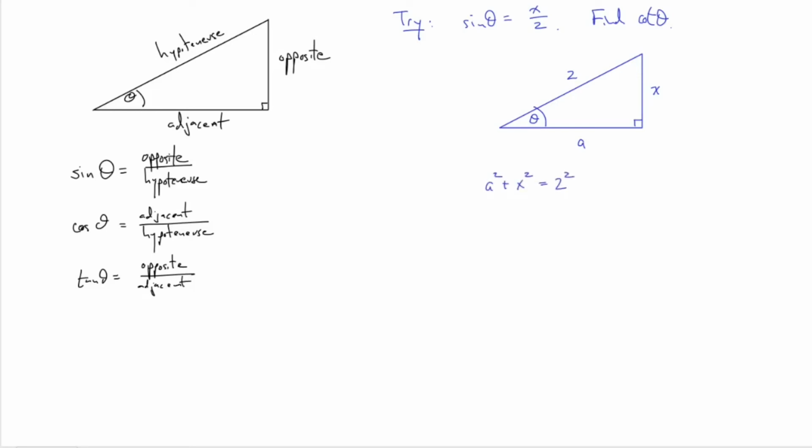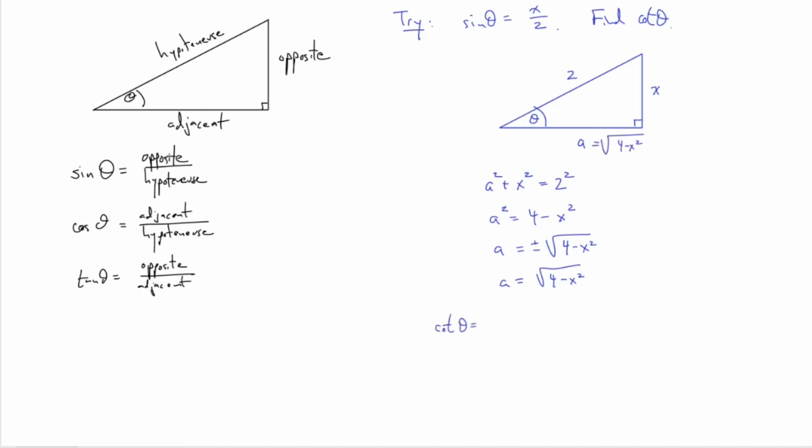The Pythagorean theorem tells us that a squared plus x squared is equal to 2 squared. And you do a little algebra and get that a is the positive or negative square root of 4 minus x squared. And as before, we throw away the negative answer because it's a length that we're talking about. And so the unknown side there has length square root of 4 minus x squared.